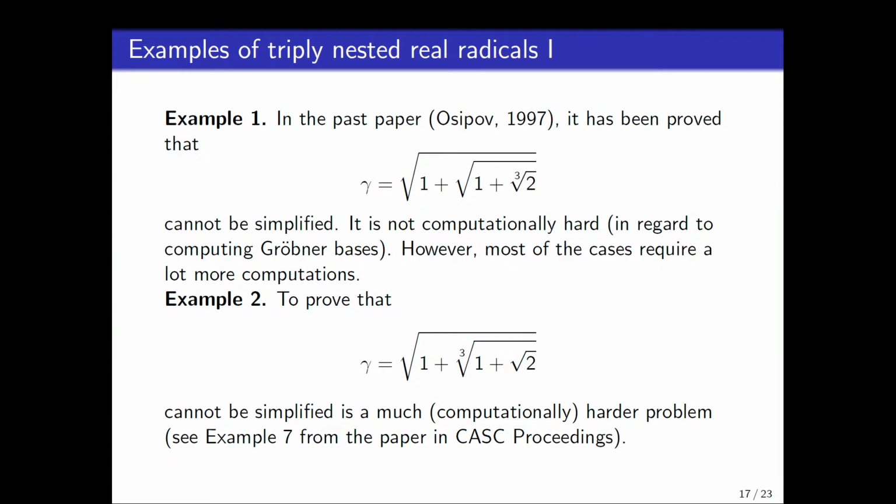However, if you look at example 2, if we change it a little bit and put the cubic root in the second radical, then the problem is much more complicated and cannot be solved using the scheme which was described.